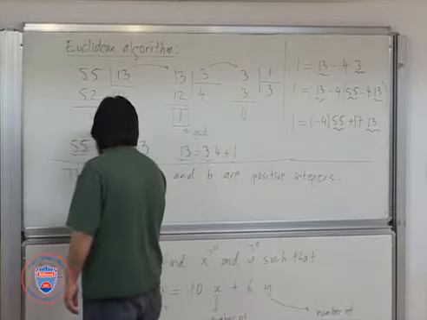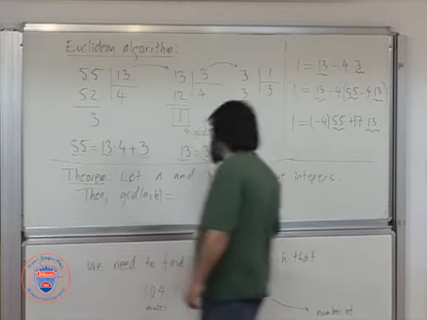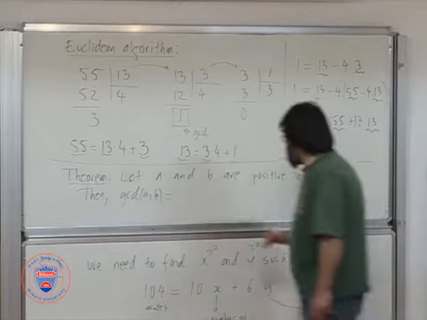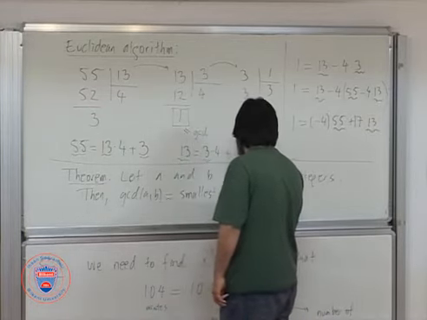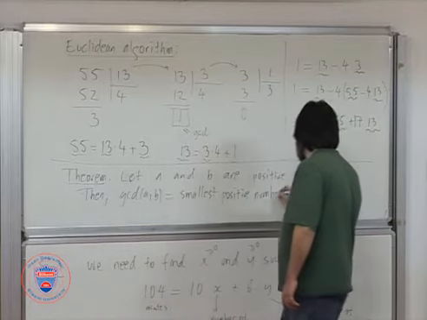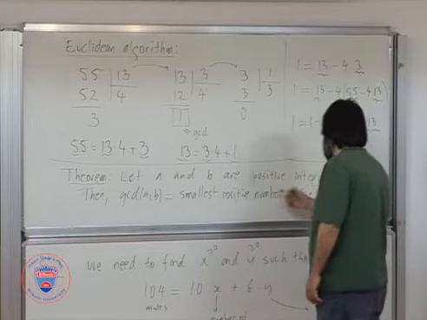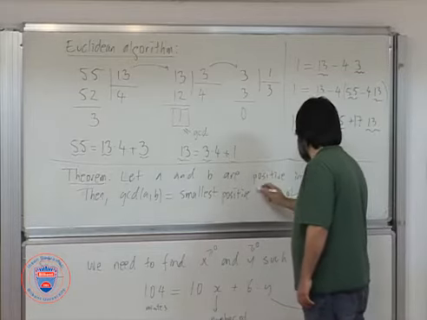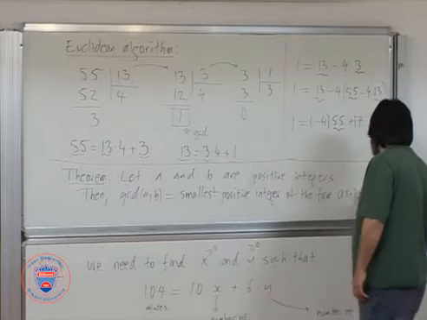Then the greatest common divisor of A and B is equal to the smallest positive integer of the form ax plus by.